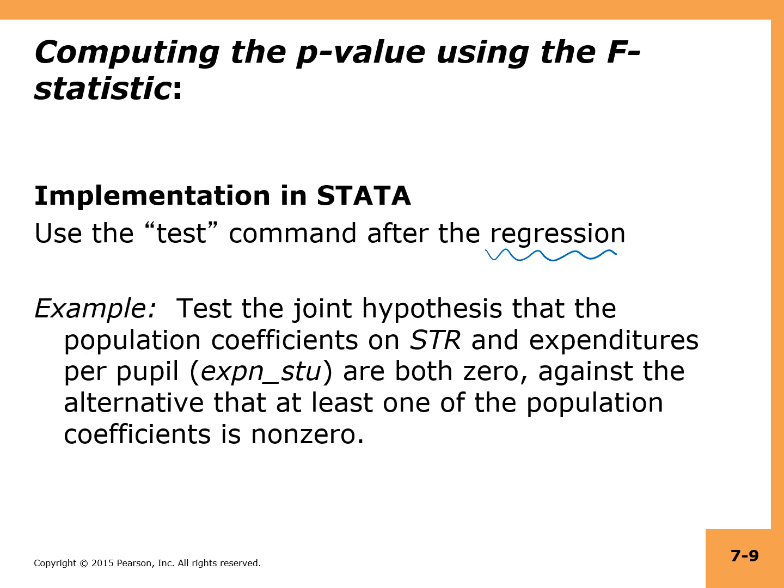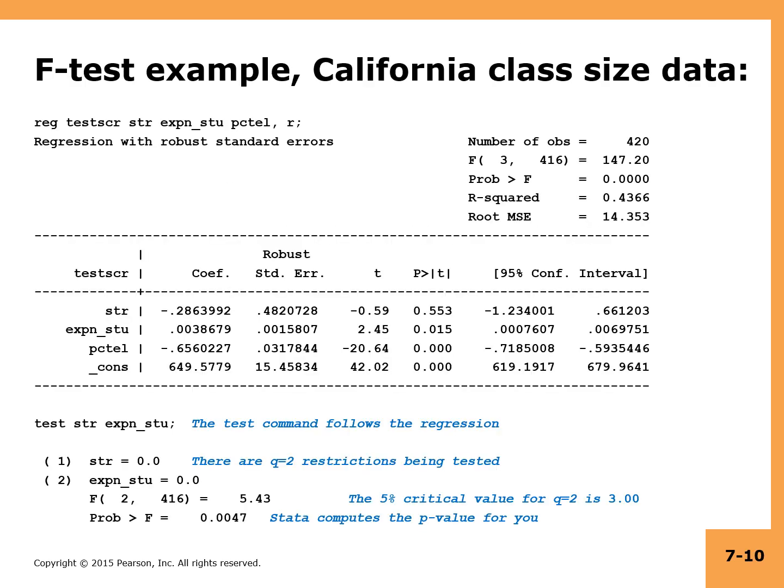Let's go back to our original example of conducting a joint hypothesis test that the population coefficient for STR is equal to 0 and the coefficient for expenditure per student is equal to 0, against the alternative hypothesis that at least one of them is non-zero. After running our regular regression command in Stata, we do the test of beta 1 and beta 2 being equal to 0.